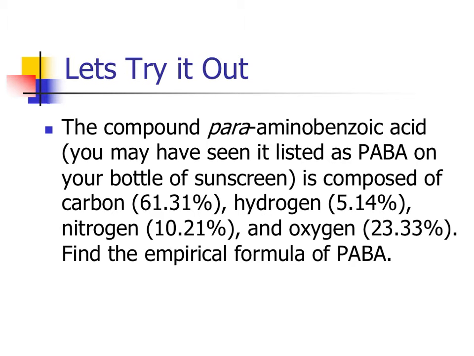The compound para-aminobenzoic acid, usually listed on a bottle of sunscreen as PABA, is composed of carbon, hydrogen, nitrogen, and oxygen. What is the empirical formula for PABA?